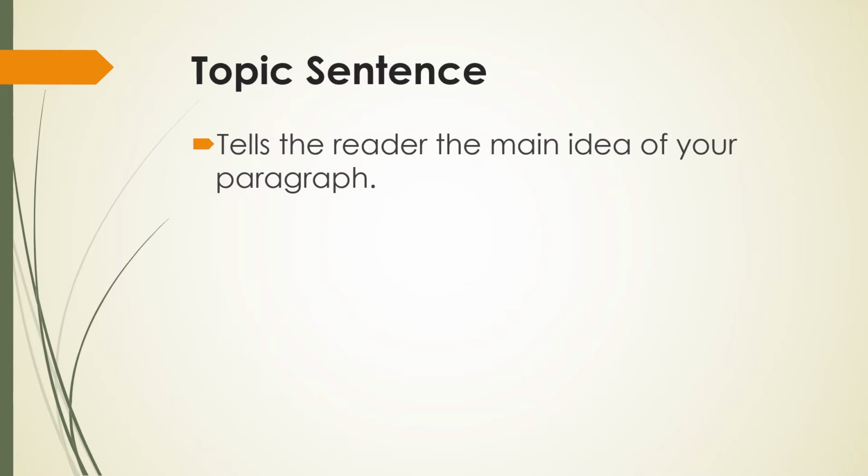When it is part of a longer essay, the topic sentence contains a main point that supports the thesis statement. Think of the topic sentence as a mini thesis statement for the paragraph.